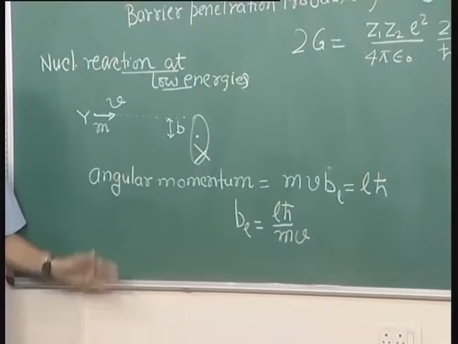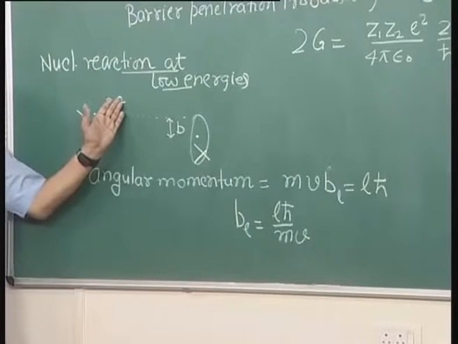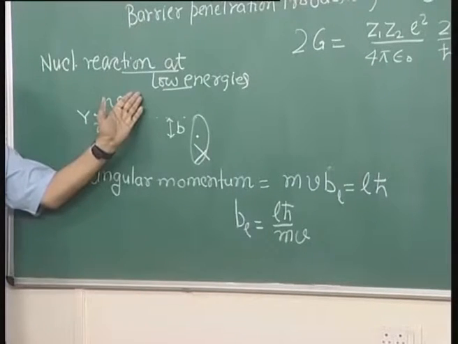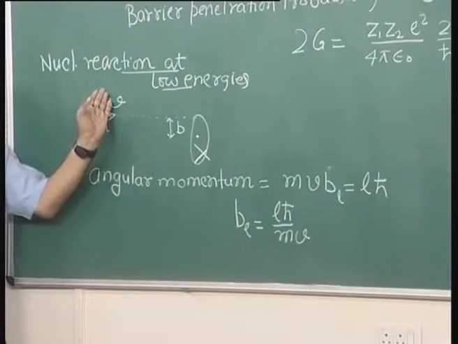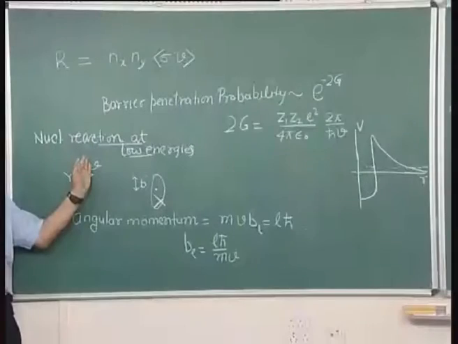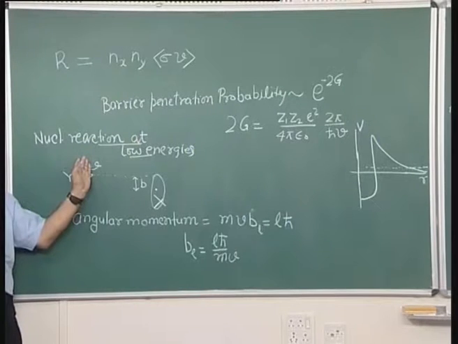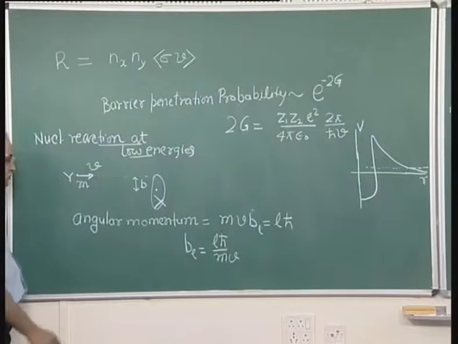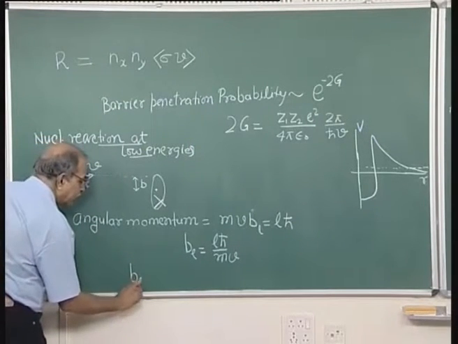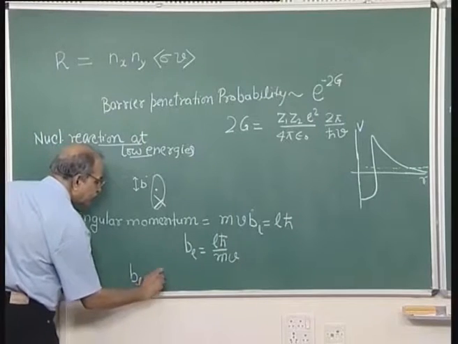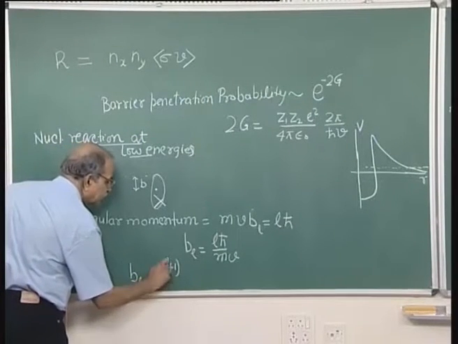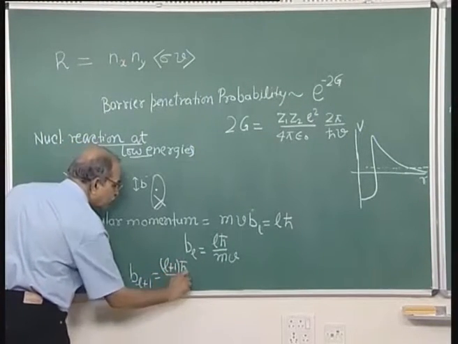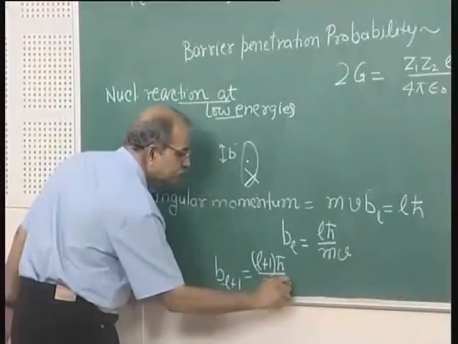The nuclei Y which are coming with the same velocity from the same direction, but with a different impact parameter corresponding to the next unit of angular momentum, L plus 1 times h cross. For them this impact parameter will be B L plus 1, that will be L plus 1 times h cross by m v.